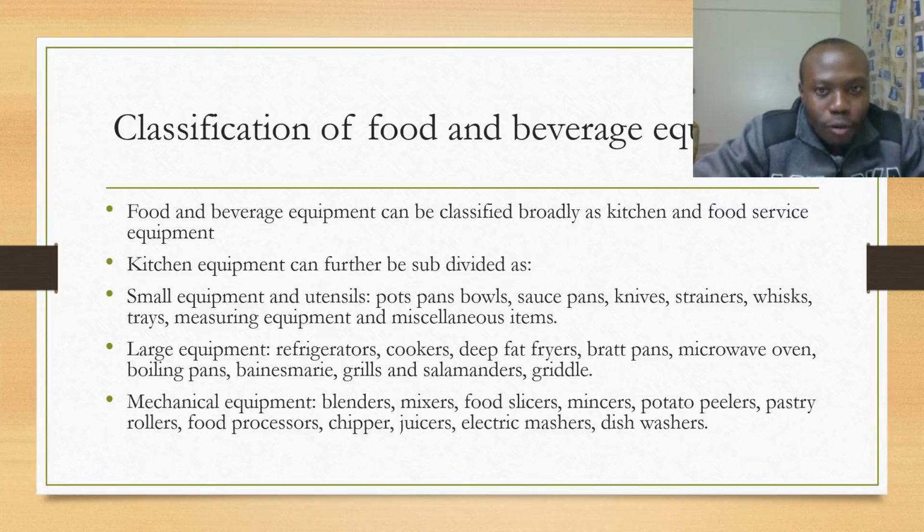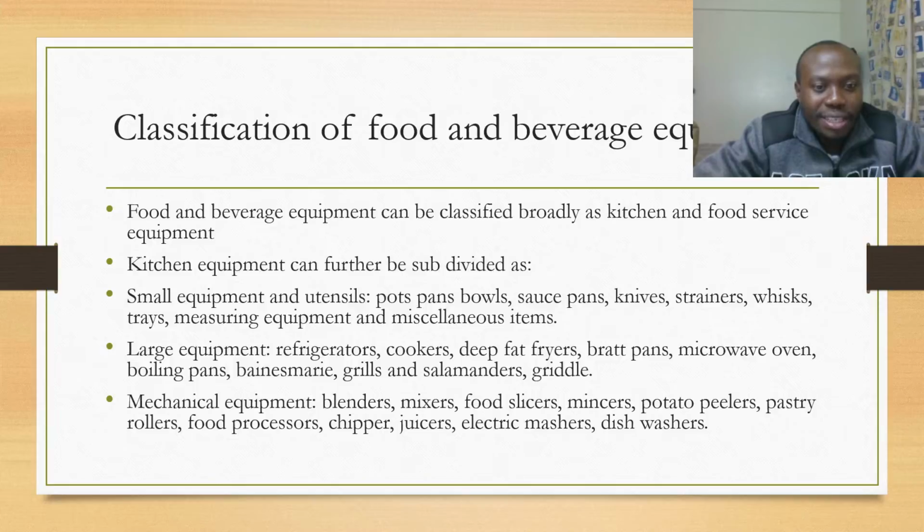So how are food and beverage equipment classified? Food and beverage equipment can be classified broadly as kitchen and food service equipment. The kitchen equipment are those that are commonly used in the kitchen, and they can be further subdivided as follows. 1.